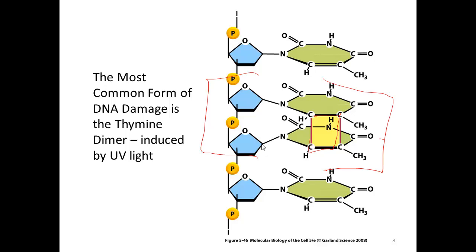It's interesting to note that this is the exact molecular lesion which causes the body to tan. If you take a cream, and this was discovered at Boston University, if you were to take a cream of thymidine dimers and wipe it on Caucasian skin, that skin will tan just as if it is absorbing sunlight.